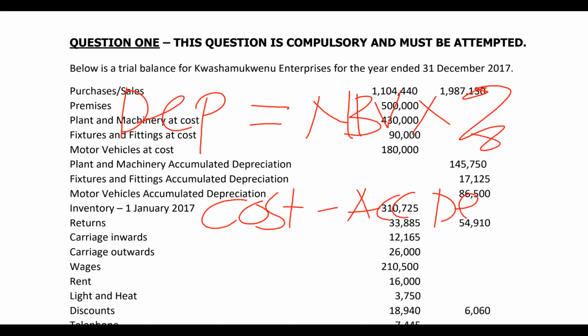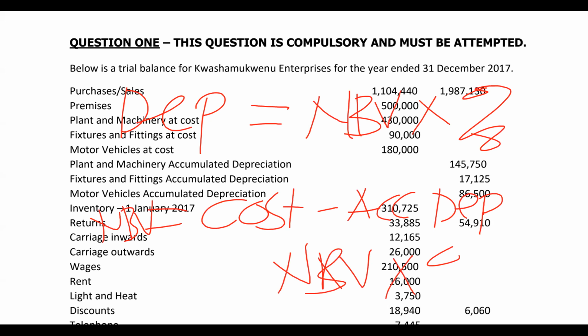How do you get net book value? You say cost minus accumulated depreciation for that asset, and you get the net book value. Then net book value times the percent is what gives you the depreciation. Did you get it?